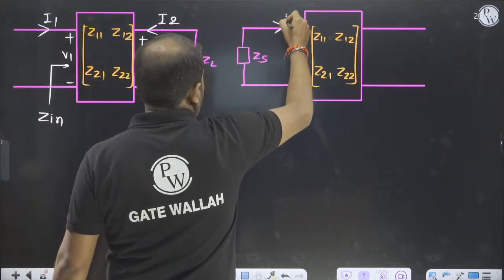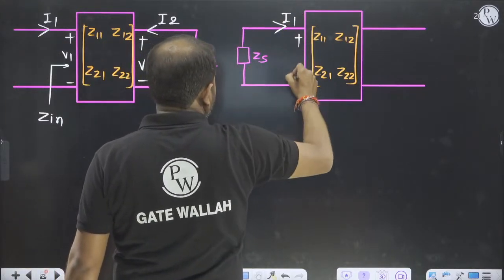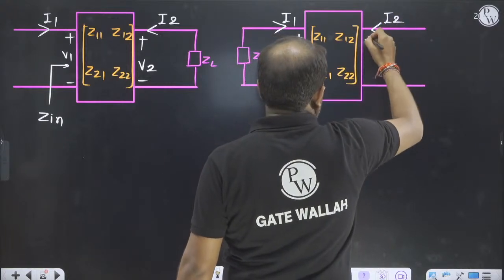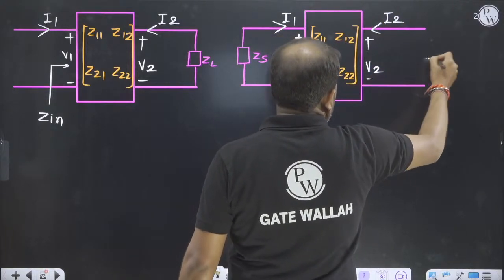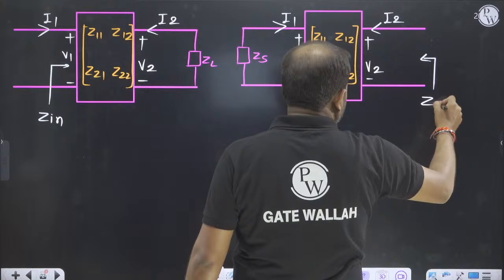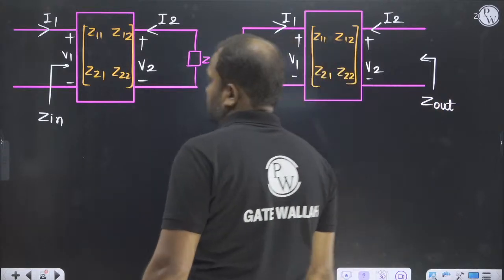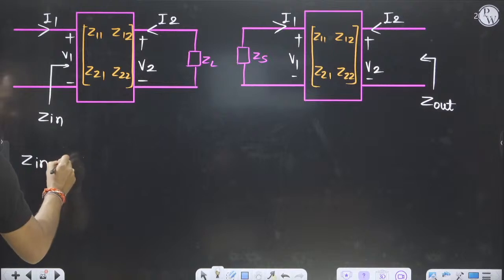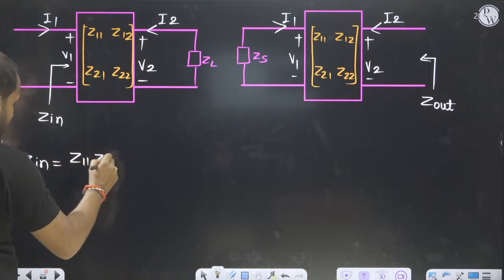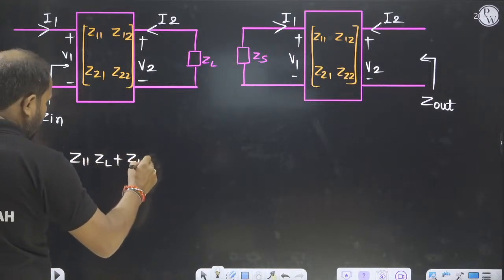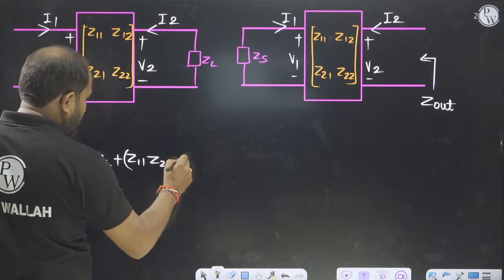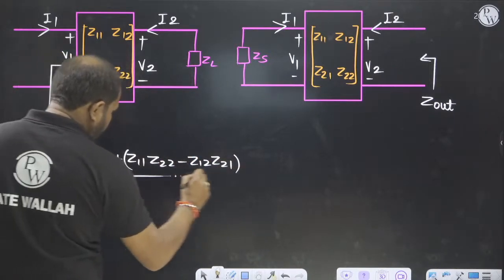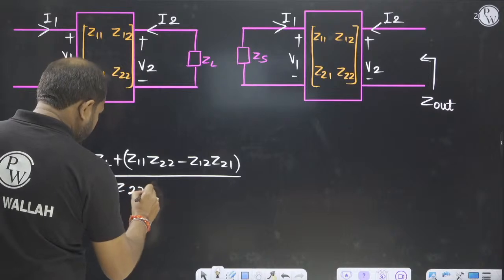And this is Zout. So Zin will be equal to Z11 ZL plus Z11 Z22 minus Z12 Z21 divided by Z22 plus ZL.